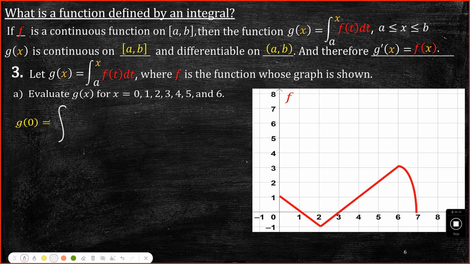We're just starting, so time equal to 0, this is 0, and then this x value is 0, and we have not moved, f of t dt. I'm here and I have not moved. There's no area whatsoever. So this is 0. There's no area under the curve there.